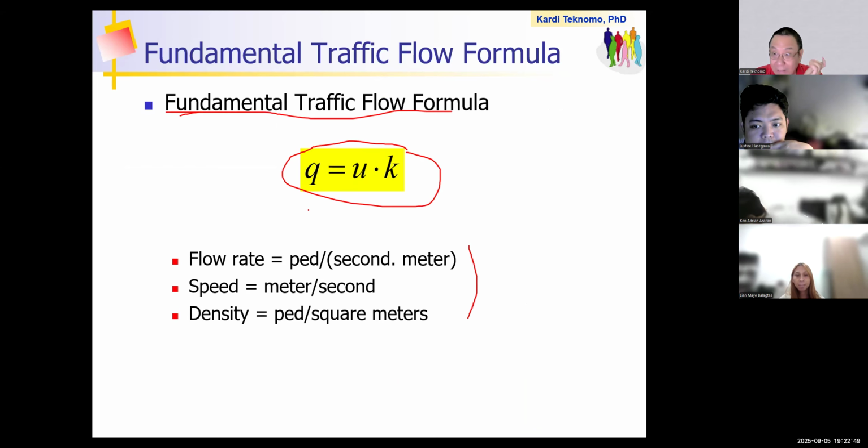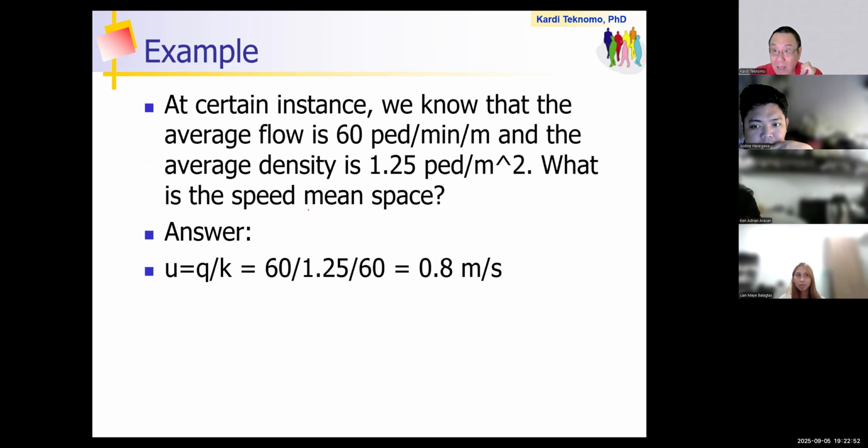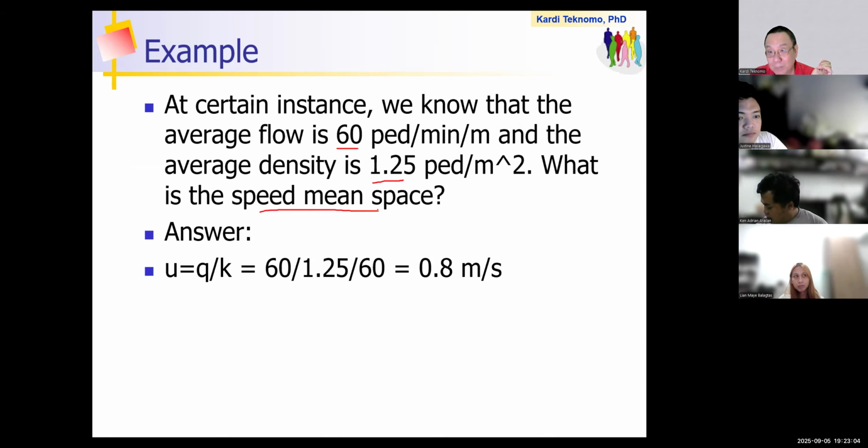Next, say you have an average flow of 60 and average density 1.25. What is the speed? The space mean speed is just Q divided by K. So you get very small, 0.8. That is for old people.